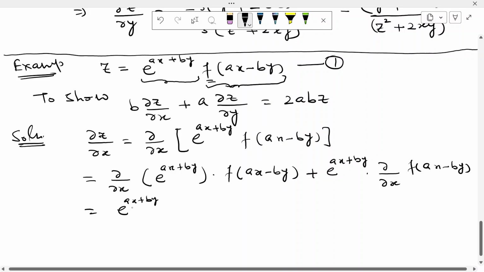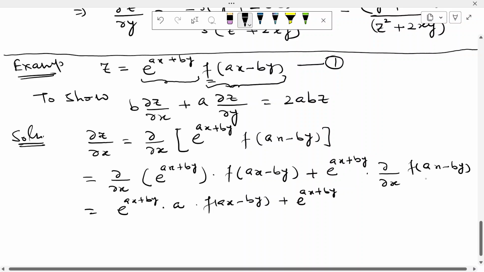Now when we differentiate this ax plus by with respect to x, this comes out as a, the derivative of ax plus by. Now we have this f of ax minus by as it is, plus e to the power ax plus by.